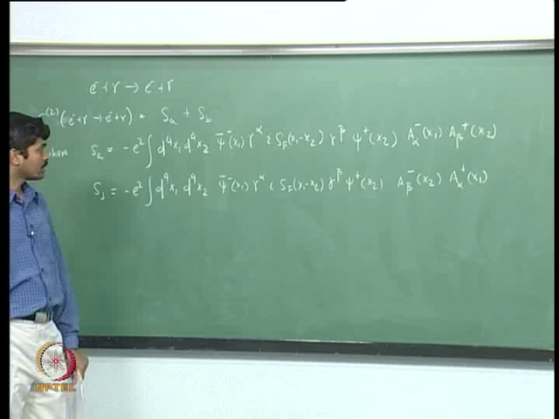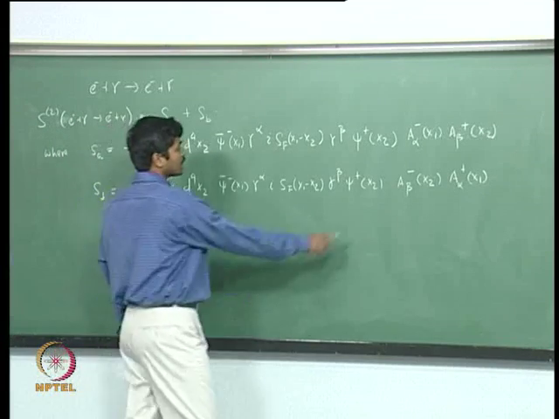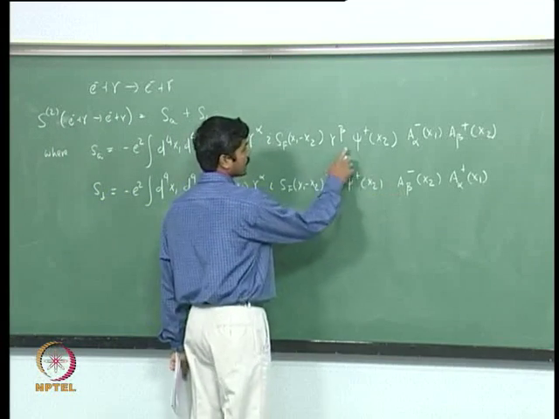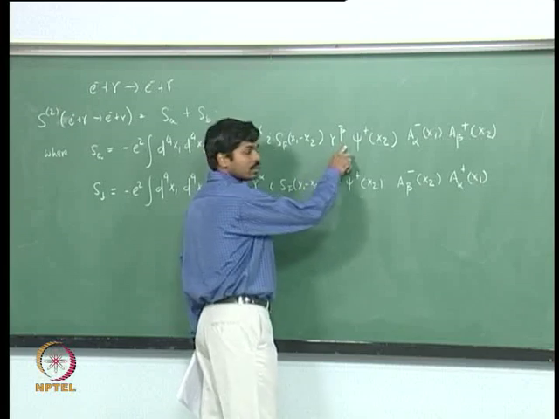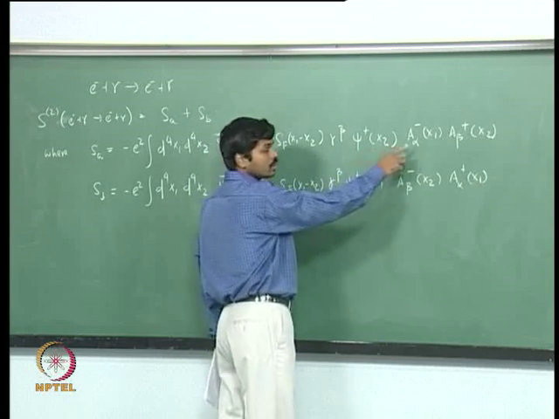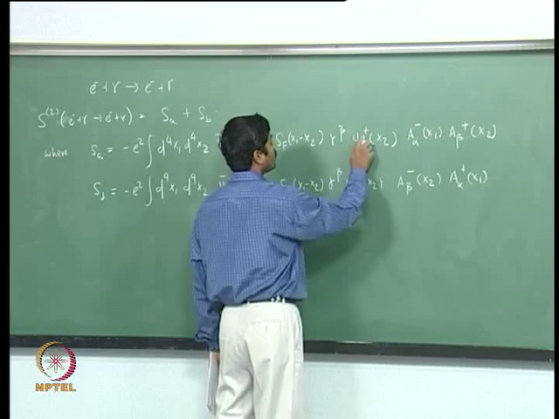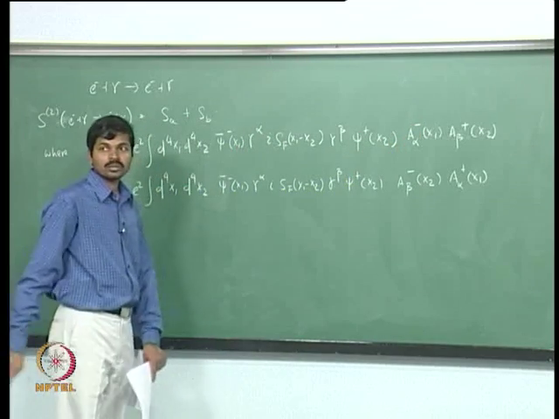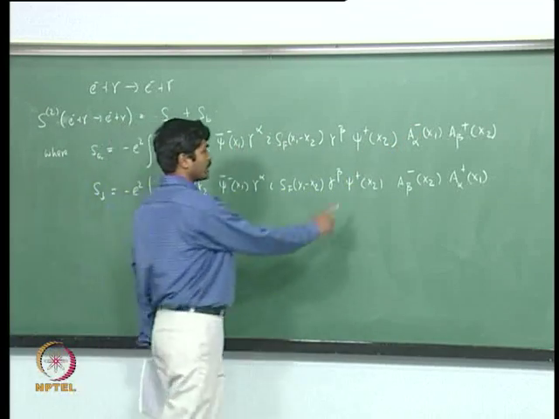All right. Strictly speaking, because there is a normal ordering, I should have written it here, but it does not matter because this A⁻ commutes with ψ⁺. Same thing here.